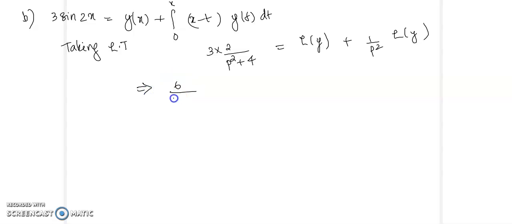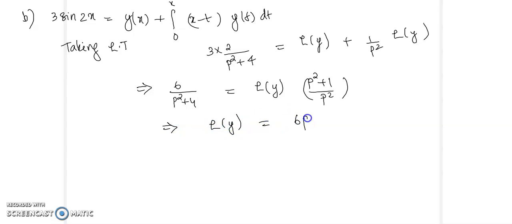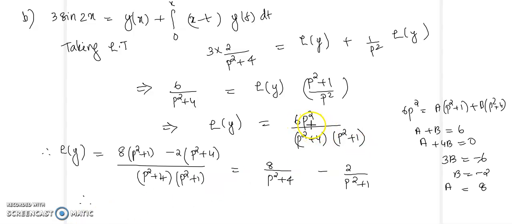So therefore 6 by (p square plus 4) is equal to L of y into (p square plus 1) by p square. So L of y is going to be equal to 6p square by (p square plus 4) into (p square plus 1).